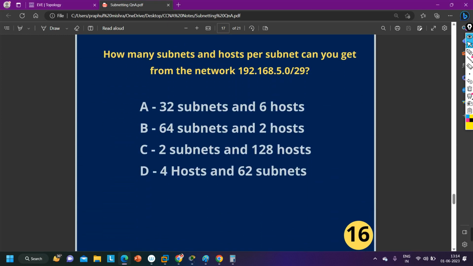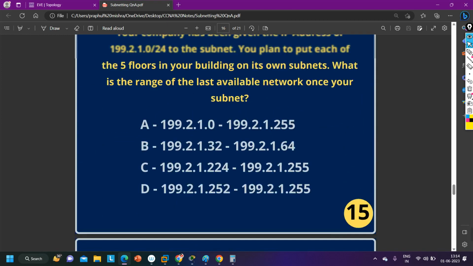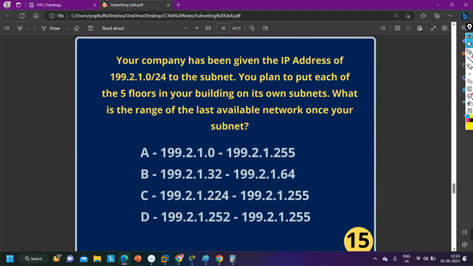I have a question. This range is the last available network, and the second IP is the broadcast, right? 199.212.55, this one. Option C. It is not asking you the range of valid IP addresses. It is asking what is the range of the last available network.